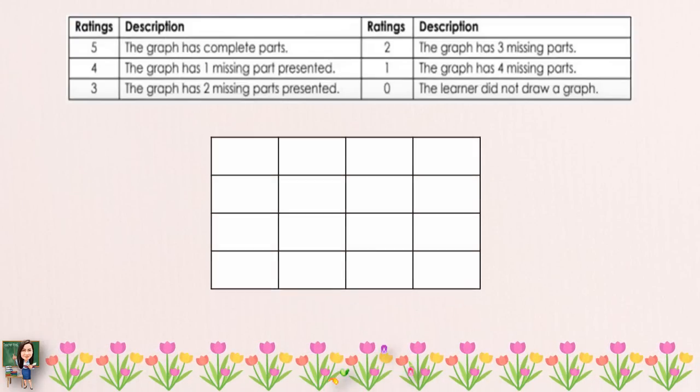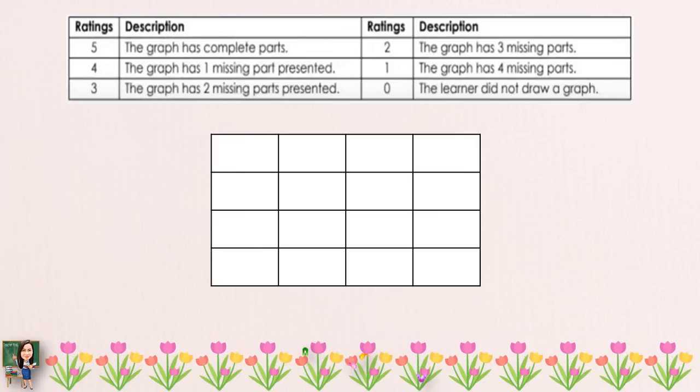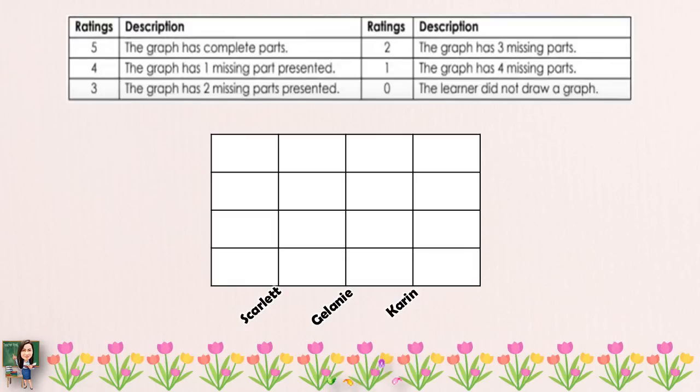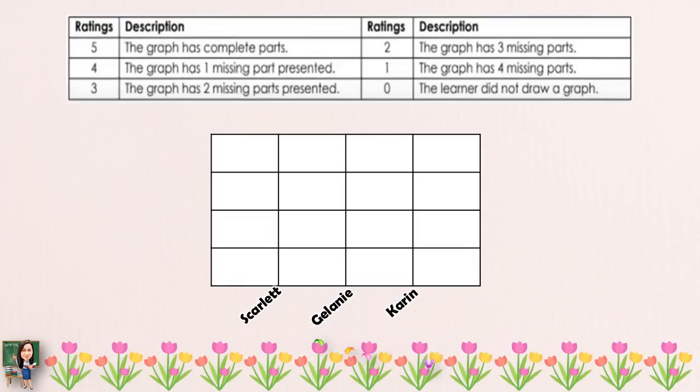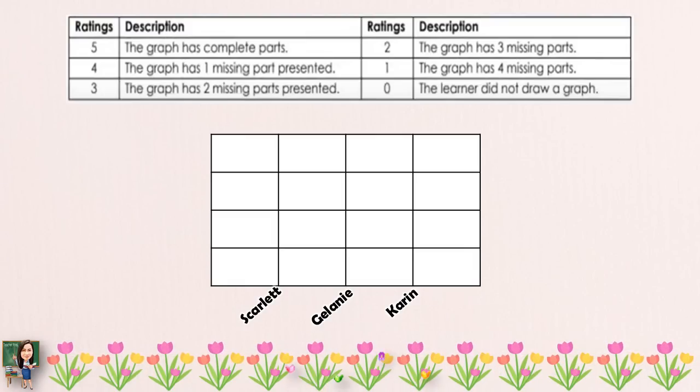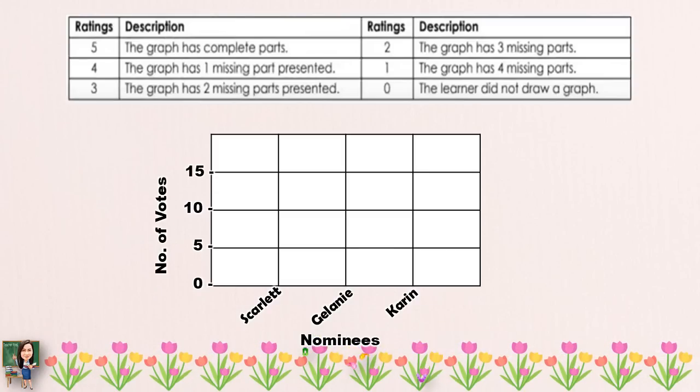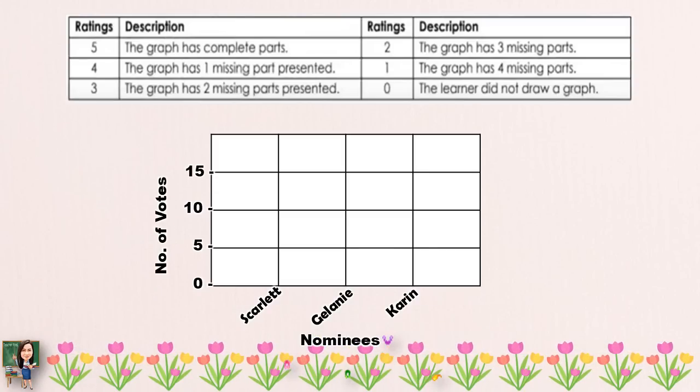First, draw a graph of x-axis and y-axis. And then write the name of the nominees in x-axis, which are Scarlett, Jelani, and Karin. And then for y-axis, write the number of votes from 0, 5, 10, 15. And then, use the point.